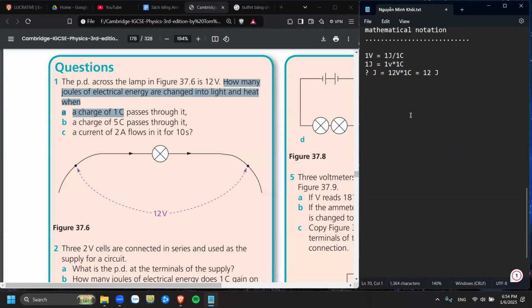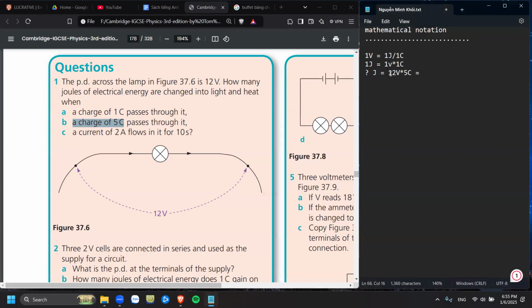Okay, now let's try when a charge of 5 coulombs passes through it. How much do you have?